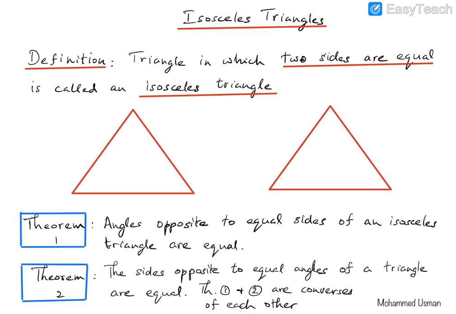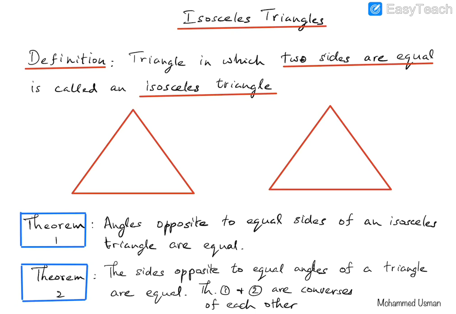If you look at these two triangles here, two of the sides have the same length. In this case the third side also looks the same length, but need not be. For example, if this side is equal to this side, it is an isosceles triangle. Similarly, if this side is equal to this side, or if this side is equal to this side, so if any two of the sides of a triangle have the same length, we call it an isosceles triangle.